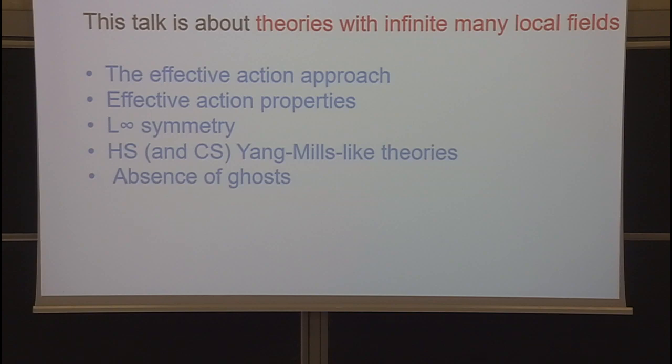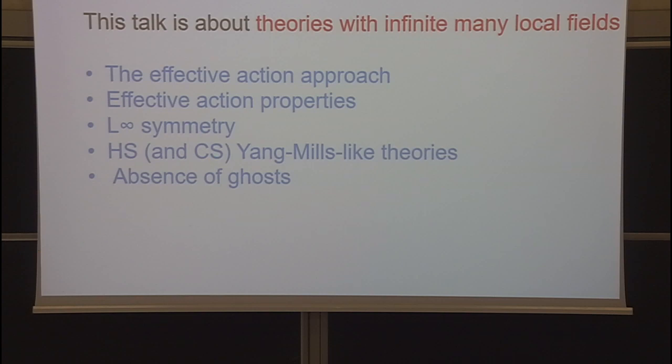So the talk is about the effective action approach to create these theories and the extraction of the effective action properties. Then I will talk about a symmetry property of these theories, which is called L symmetry, which many of you are familiar with, but I think it is important to stress the presence of this symmetry here, because it looks like a sort of signal that the theory is a good theory, is consistent.